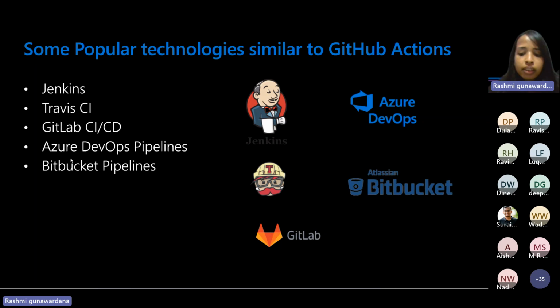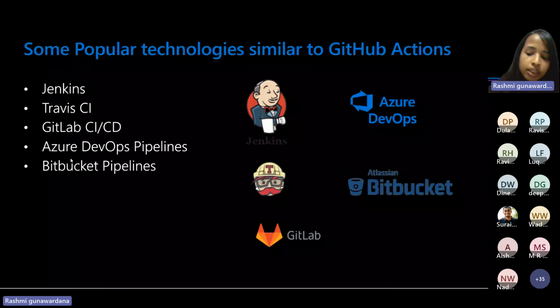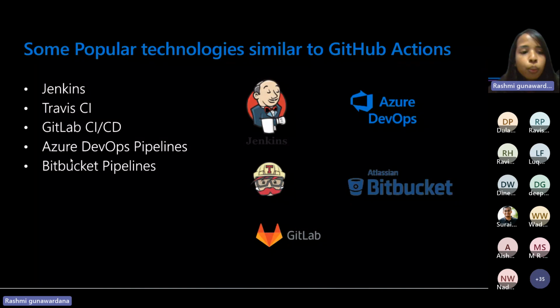But when talking about the community, GitHub has a larger and more active community, especially for open source projects. So if you are learning and practicing, it is better to start with GitHub and go forward exploring these other options. And there's Azure DevOps pipelines also.